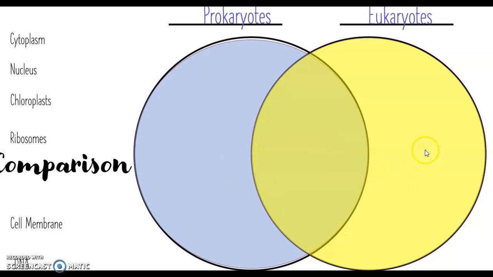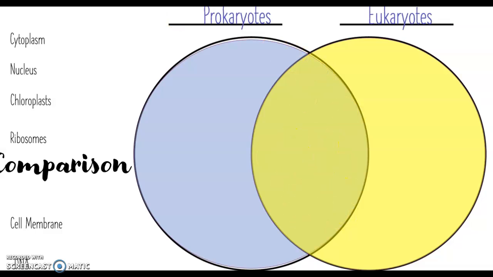So basically, in this circle, we're going to list everything that we can see over here that pertains to prokaryotes. And on this side, this circle, everything that pertains to eukaryotes. But if they pertain to both prokaryotes and eukaryotes, we're going to put it in the center.